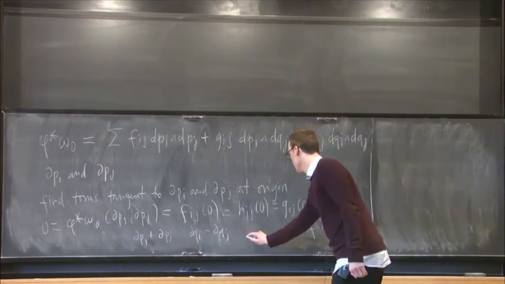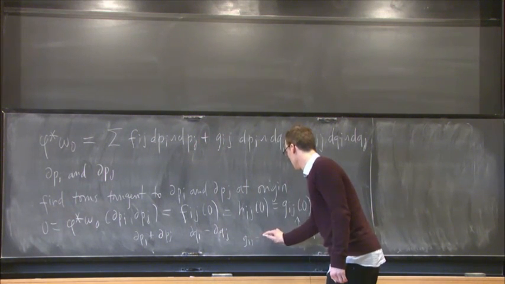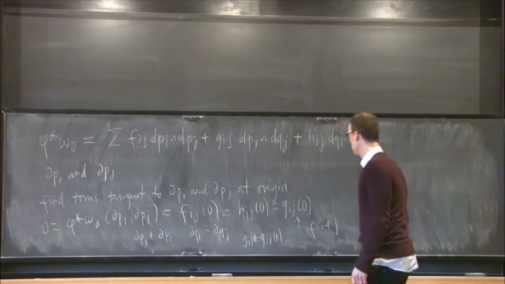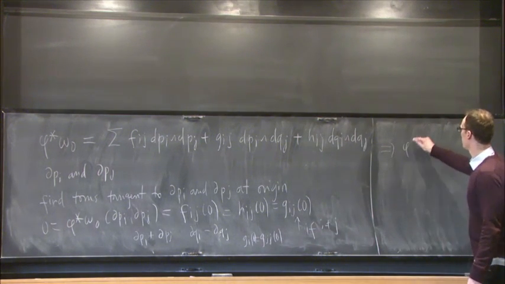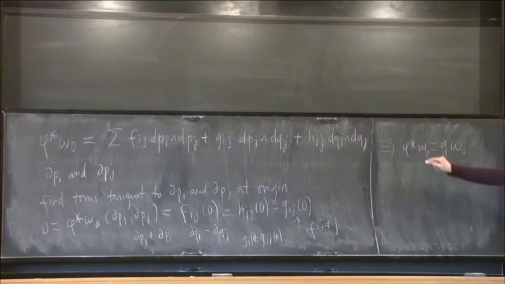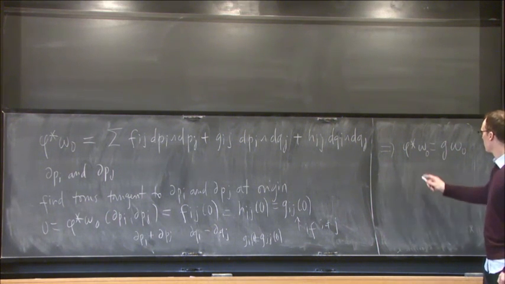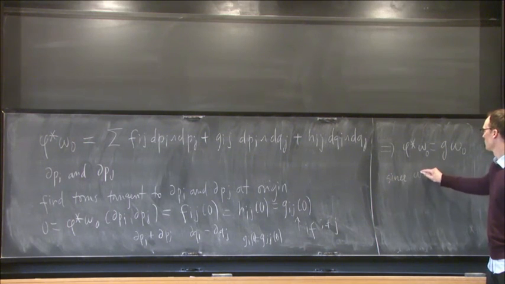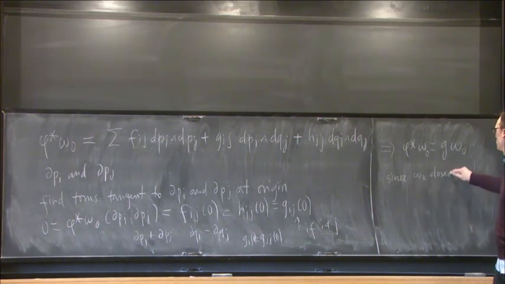Then I get that g_ii is the same as g_jj at 0. So phi star of omega_0 is just some function times omega_0. That's just linear algebra, and then this is closed, so g is constant.